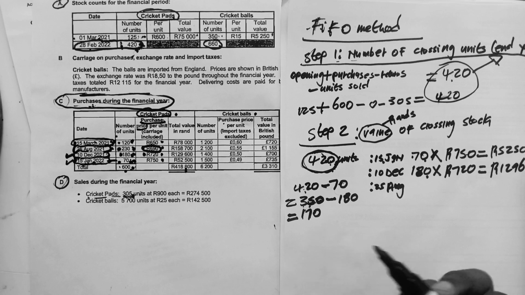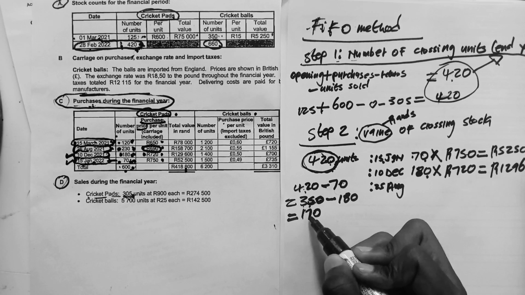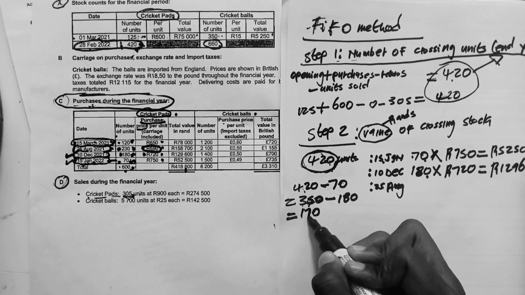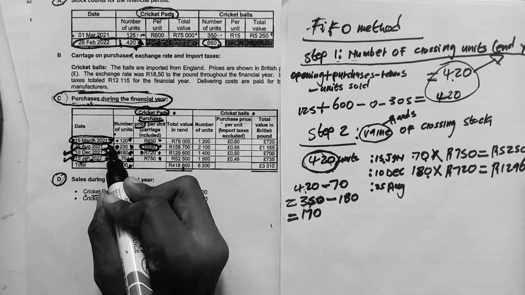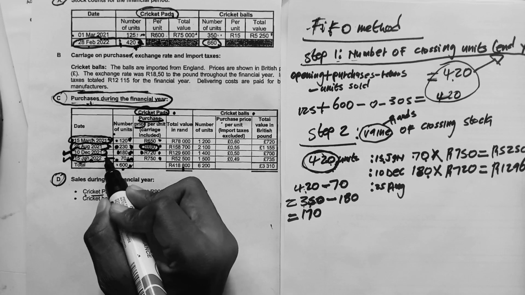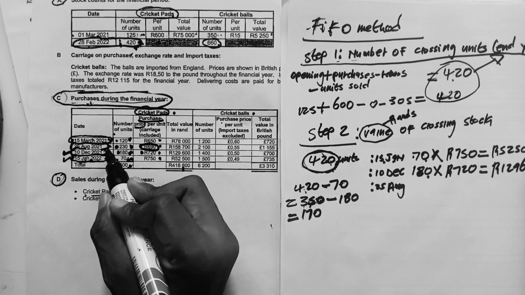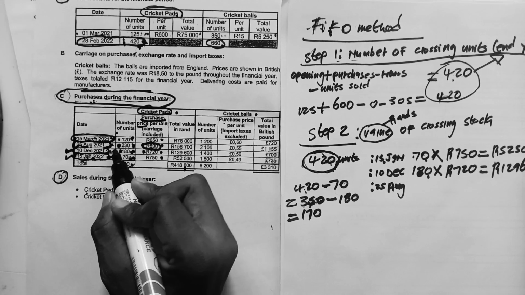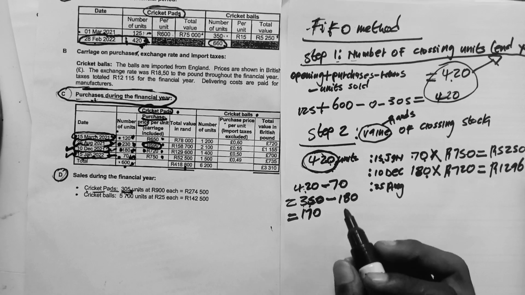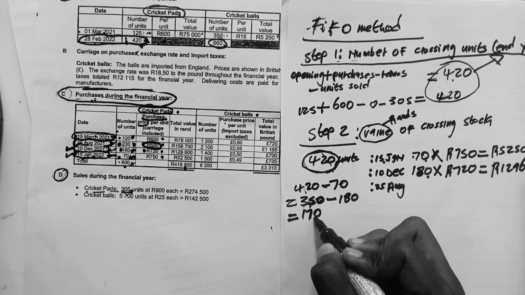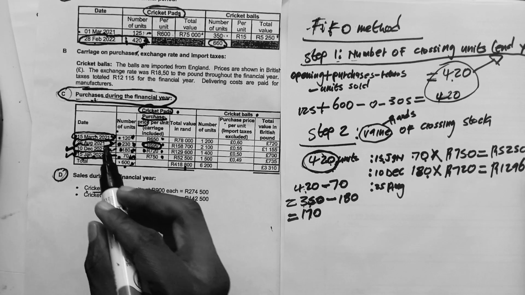Now, remember, the units that we don't know now that we are left with is 170. And we assume that they belong to 25 August. Why? Because we have dealt with this January, we have dealt with this December. Now, the next month is what? It is August. So we assume that the 170 belongs to August.